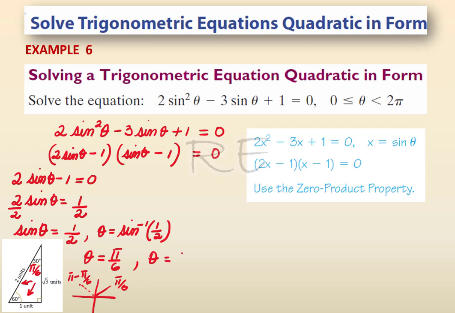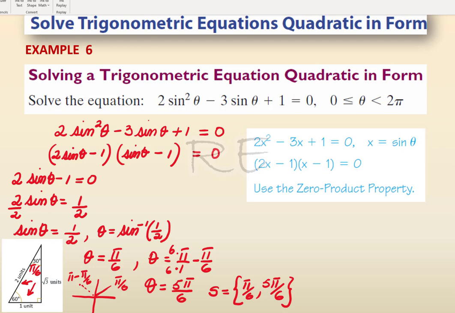So the second solution will be pi over 1 minus pi over 6, which is really 6 pi over 6 minus pi over 6, 5 pi over 6. Now, for the first equation, the solutions are pi over 6 and 5 pi over 6.